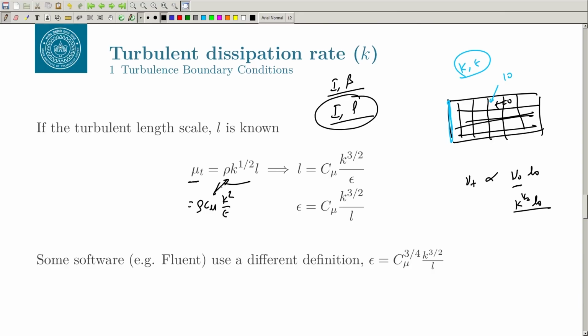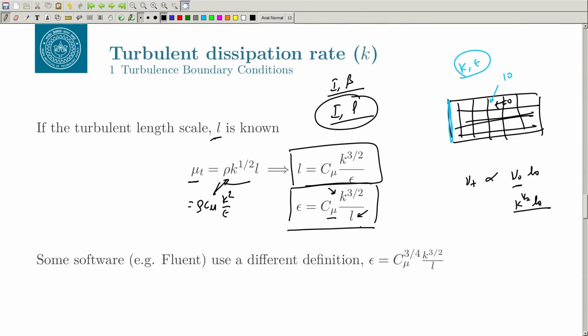When you compare these two, you will get L equal to c mu k to the power 3 by 2 by epsilon. Okay. And from that you can calculate the value of epsilon, right. So, you know this k from the intensity, c mu is 0.09, L is the value that you are prescribing at the boundary, and from that you can calculate the value of epsilon, right.